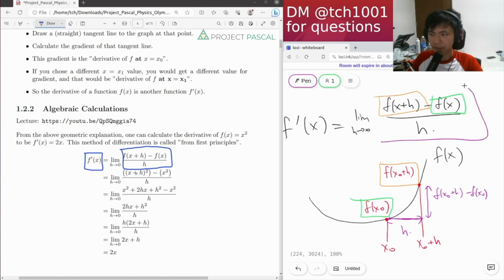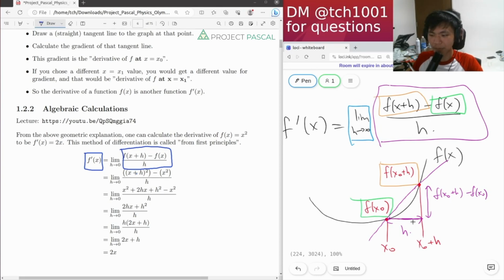So the quantity over here is actually just the rise over run between 2 points, x naught and x naught plus h. In other words, the quantity in purple over here is actually the gradient of the line that passes through these 2 points. Now what is this limit over here? As h approaches 0, it means the limit of this purple quantity, this fraction, as h approaches 0.